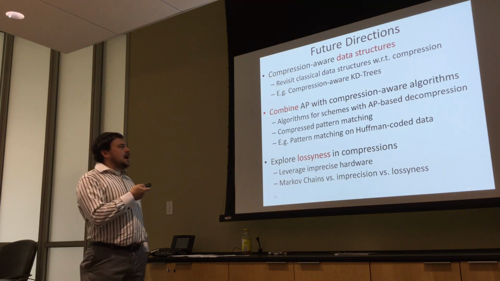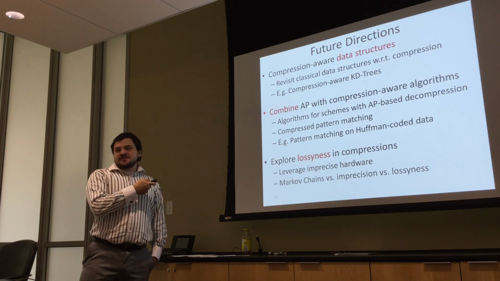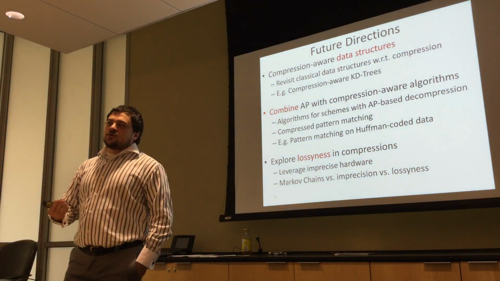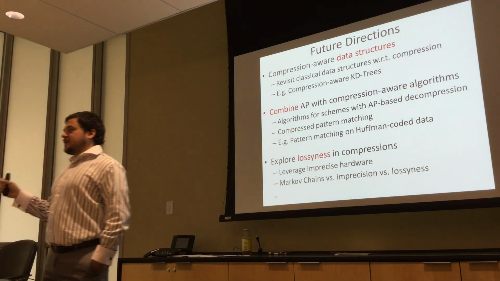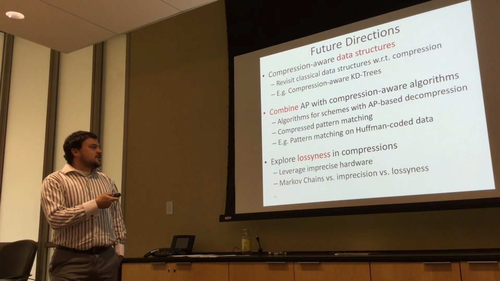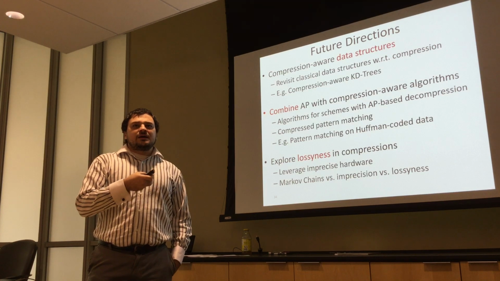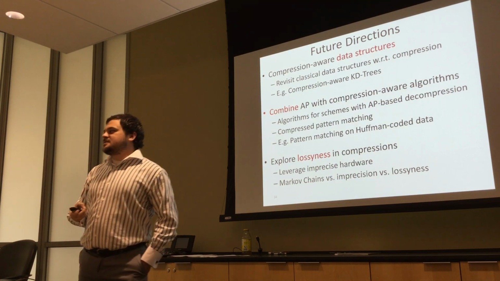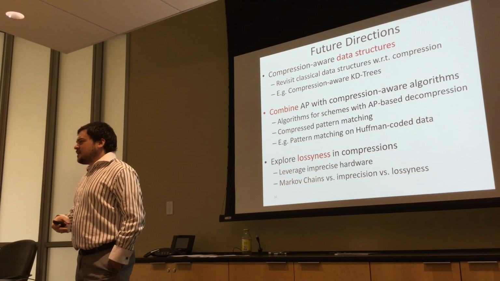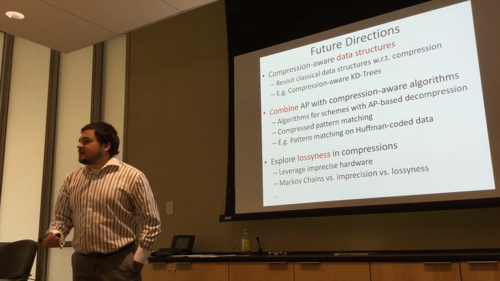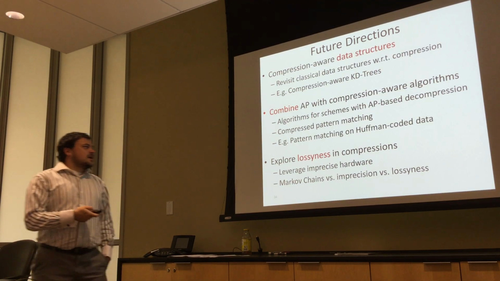We could also combine automata processor computation with compression-aware algorithms. That is, to build automata-based compression-aware algorithms. Some compression schemes can actually have their decompressions be modeled as automata, which intuitively means that we should be able to do something on automata processors.